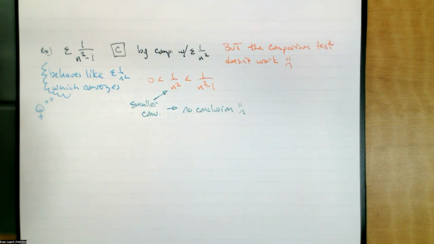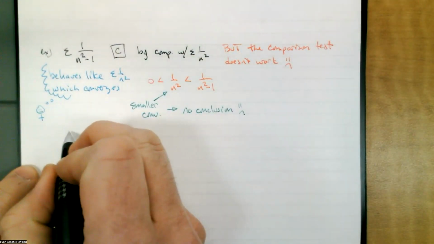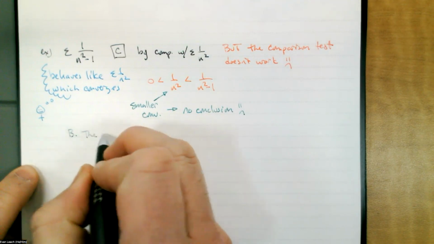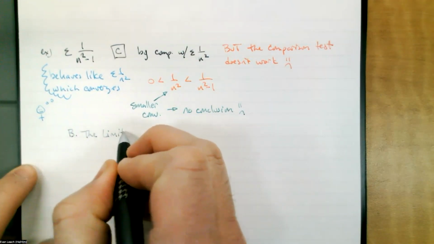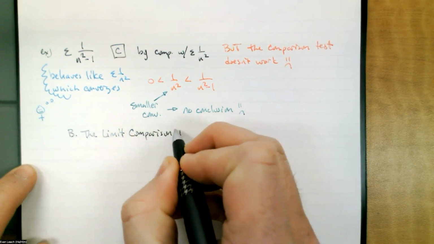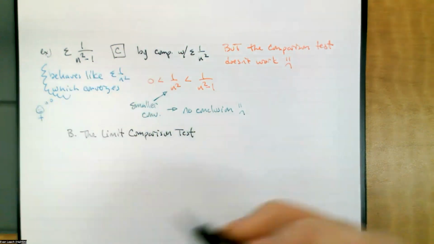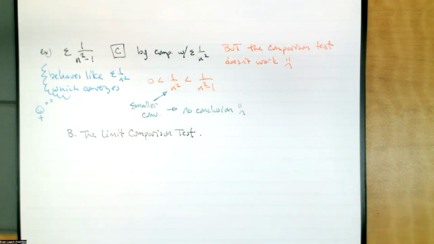Enter the limit comparison test. So let's just do 3B. This is a variation on the comparison test. It still falls into the category of comparison test. And now we're going to take our given series and compare it to something that we know converges or diverges.